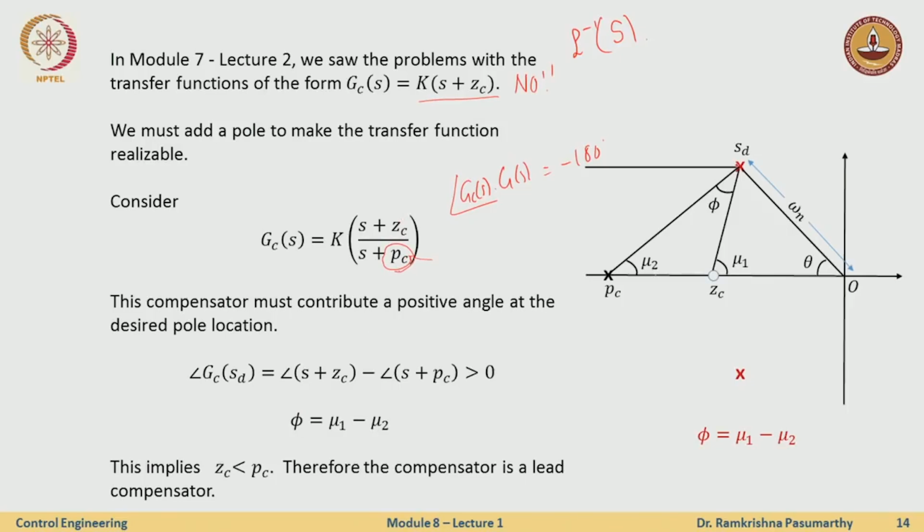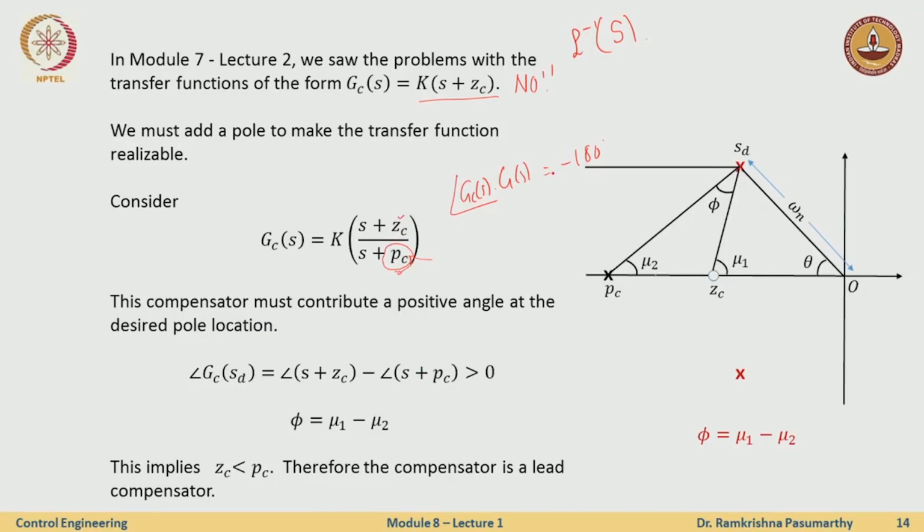So this is my SD, mu1 is the contribution of ZC, mu2 is the contribution of PC. So this GC will now have an angle contribution because of the 0 and because of the pole, and the total should satisfy this condition.